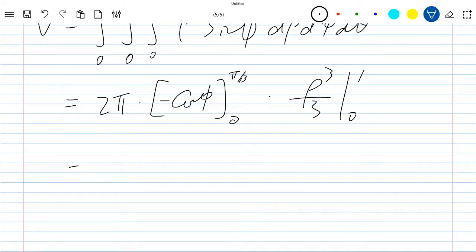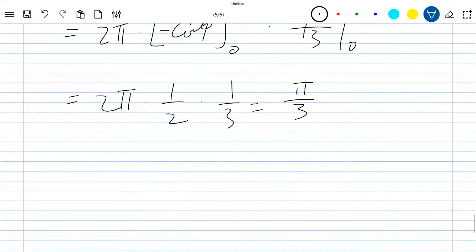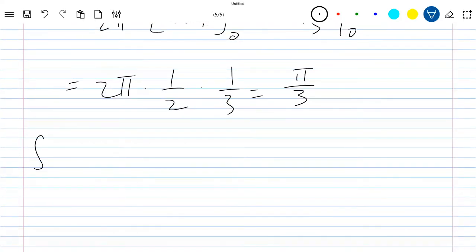Alright, so you have 2 pi times, plugging that, you get negative 1/2. Then this is 1, so you get 1 minus 1/2, which is 1/2. And this gives you 1/3, so it's pi over 3. Okay, easy.